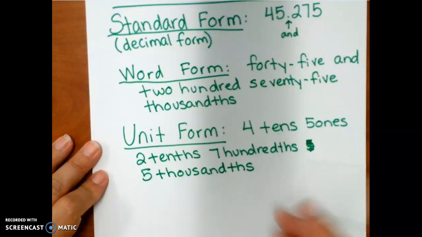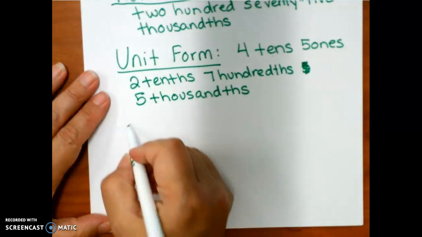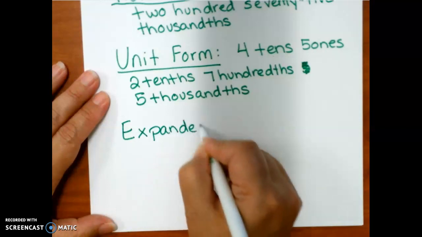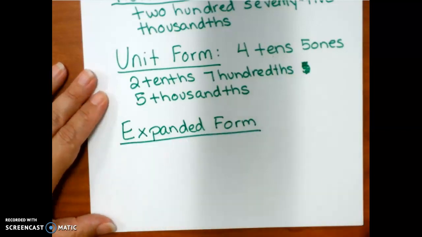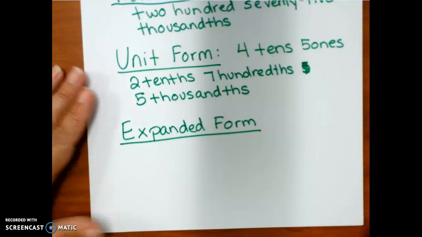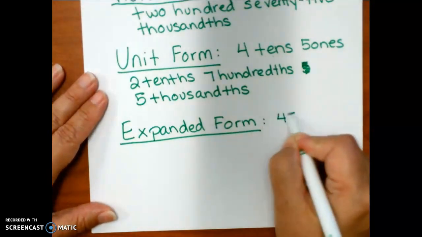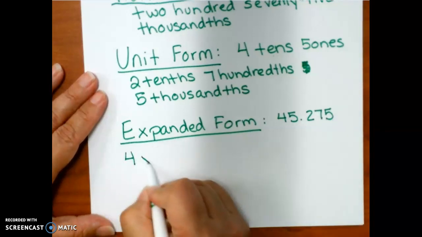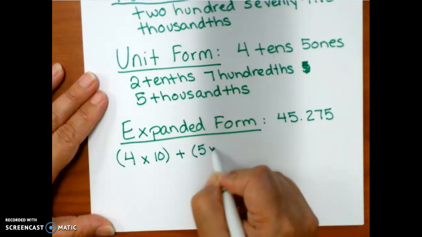Okay. The last one we're going to talk about is expanded form. Expanded form is done by multiplying, or showing the multiplication sentence of each unit times the number of units, and adding them together. So expanded form of this number would be 4 times 10 plus 5 times 1.